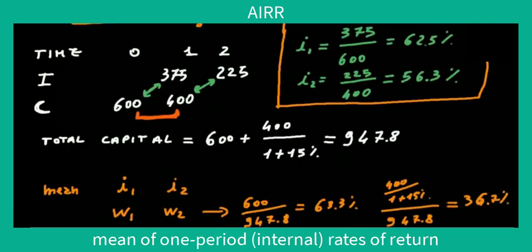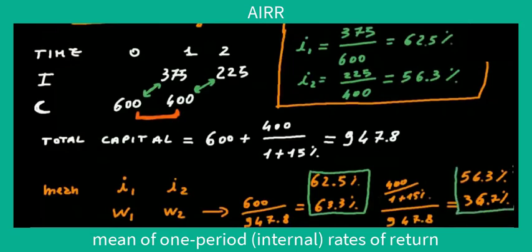So we have the weights and we have the rates of return. 62.5% is the first rate of return, 56.3% is the second rate of return. We just have to multiply the weight by the respective rate of return and then sum. Let's make it.